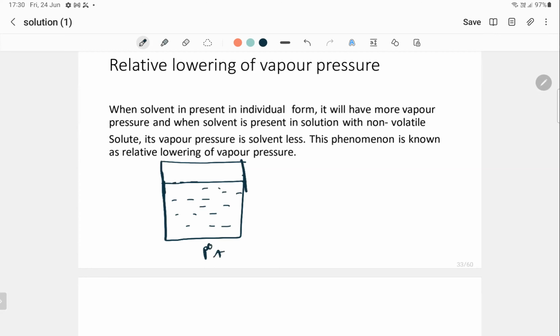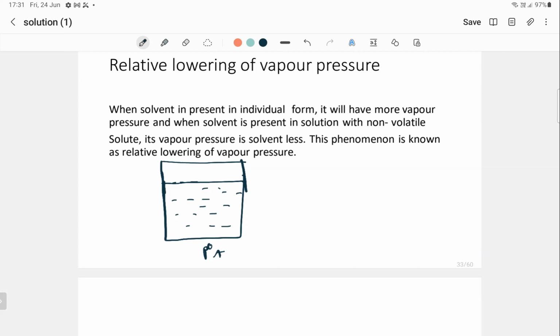Now, if I add a non-volatile solute, what happened? Vapor pressure will be decreasing. The vapors will be decreasing. That is your relative lowering of vapor pressure. So when solvent is individually present, its vapor pressure will be high. But when the solvent is present with your non-volatile solute, at that time what happens?